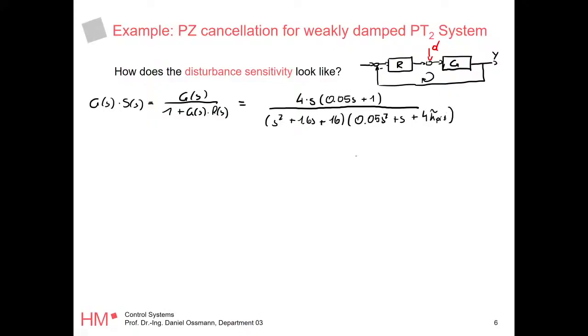So, what do we actually have here? We have a D2T4 system, right? Okay, this was just for fun. The more important point, what I want to actually point out, is that now suddenly our actually cancelled pole pair shows up again in this transfer behavior, right?